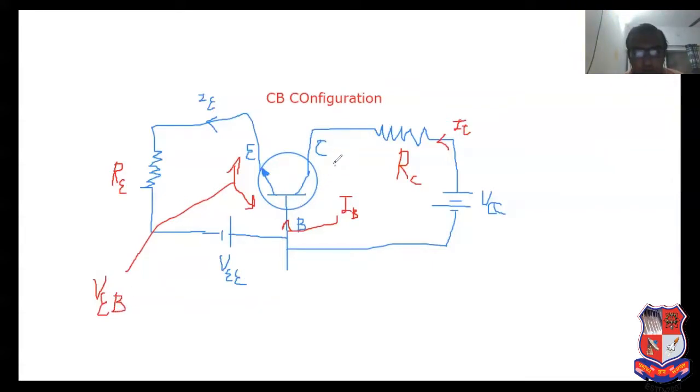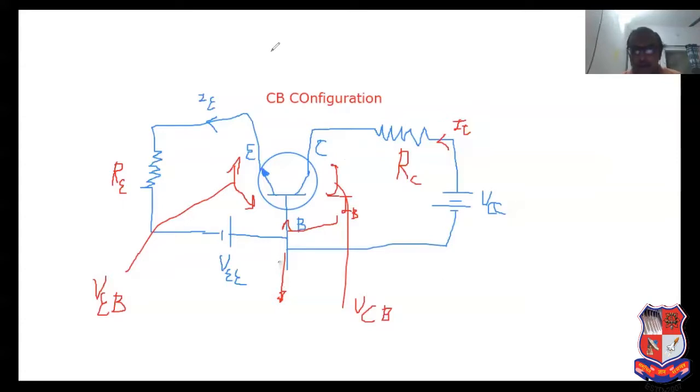Here the voltage drop is VCB. Why VCB? Because the base is common. That's why.